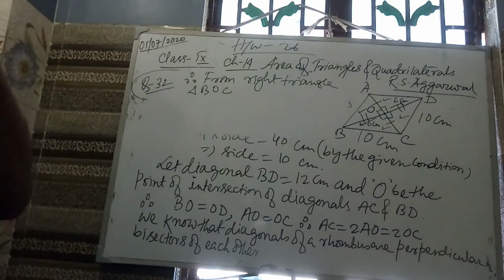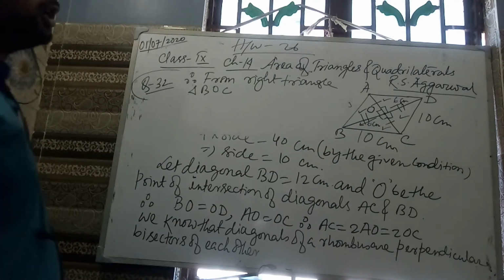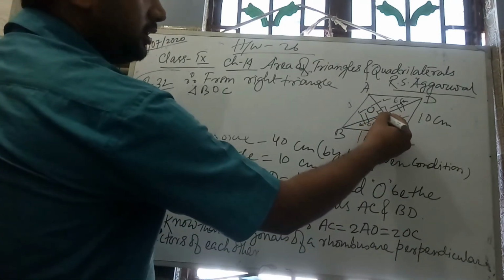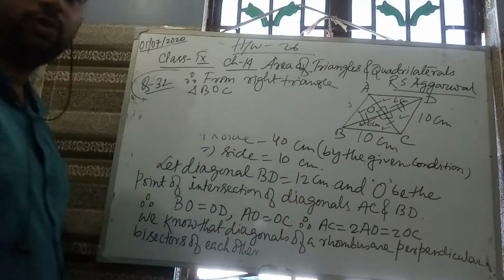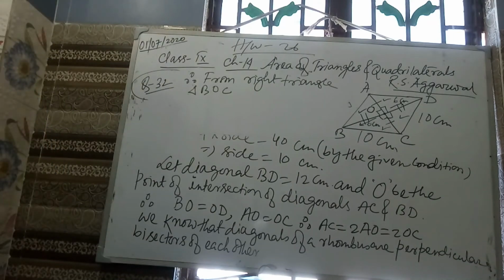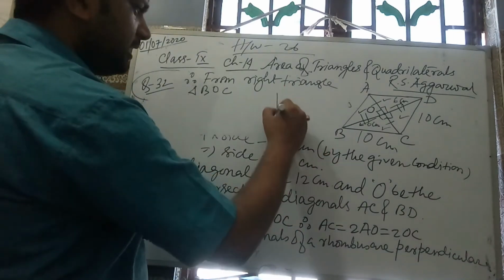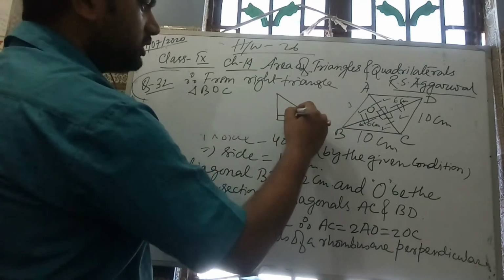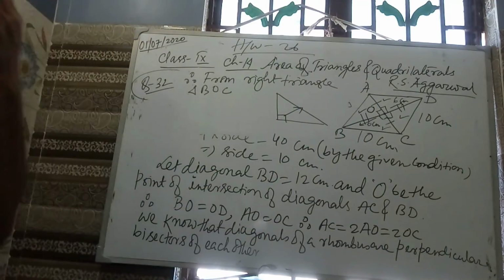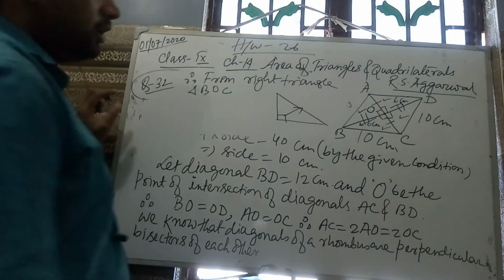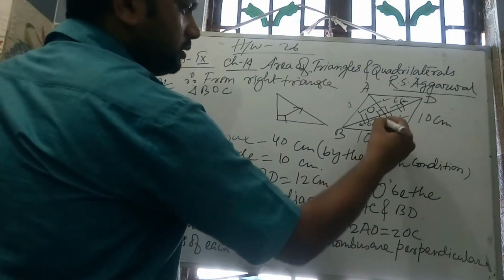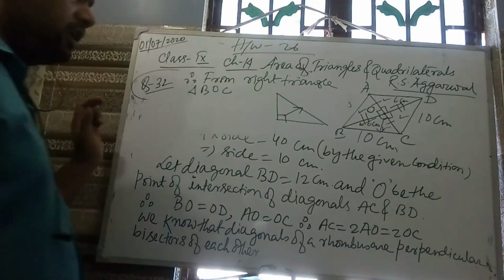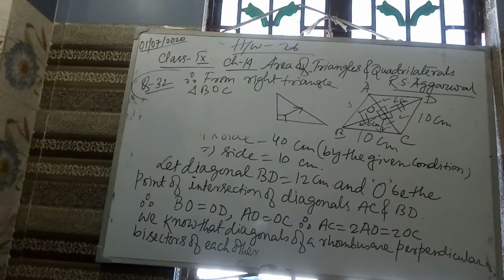This is the right angle, so BC is the hypotenuse. In a right angle triangle, the side opposite to the right angle is the hypotenuse. So the side BC is opposite to the right angle, so it is the hypotenuse.